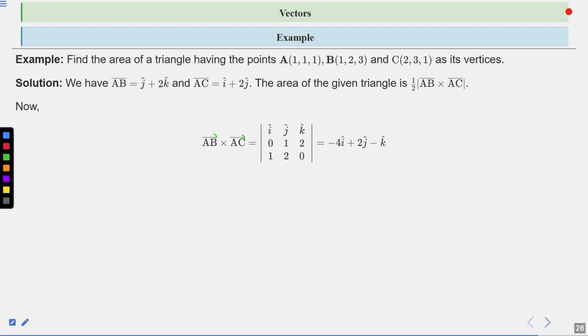So AB vector is 0 for the x-axis, j cap is 1 and 2k cap. So it will be 0, 1, 2. And for AC vector it is 1, 2, 0. It is clear or not? So after taking the cross product, you will get minus 4i cap plus 2j cap minus k cap.